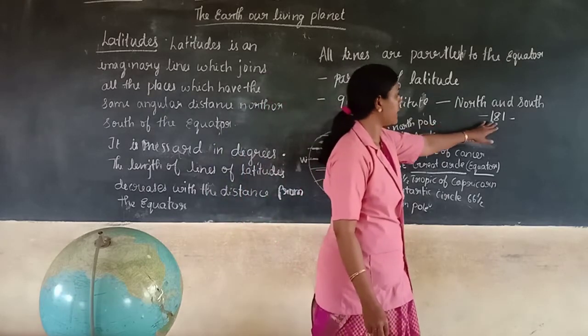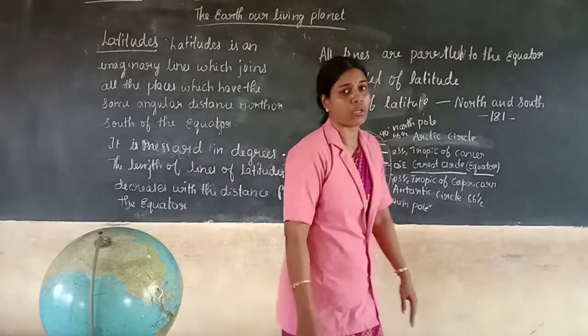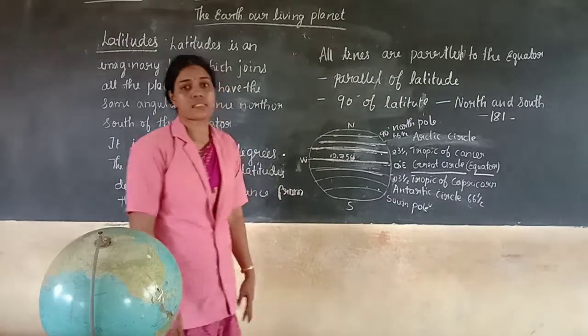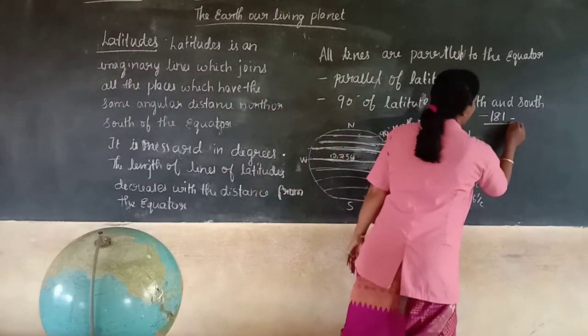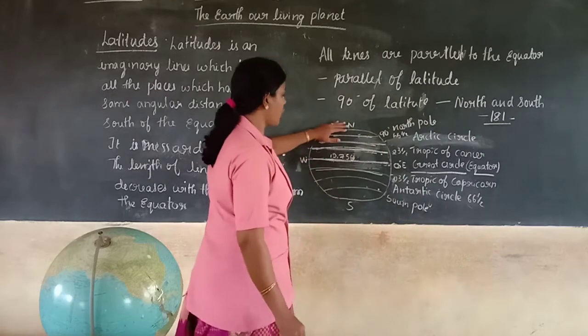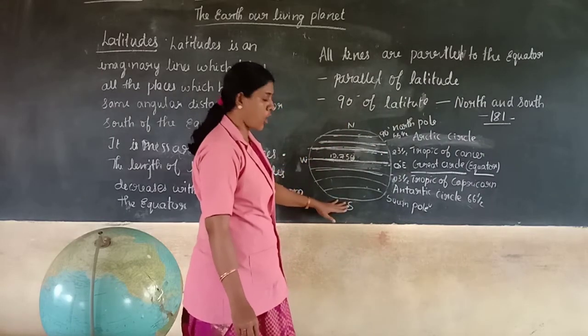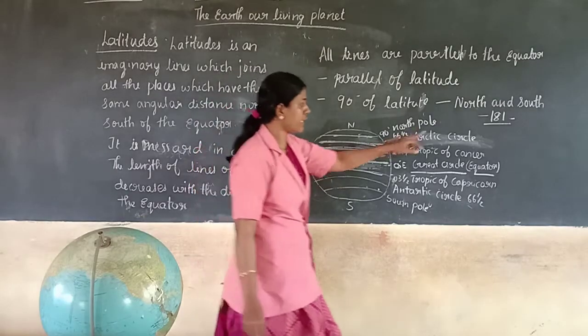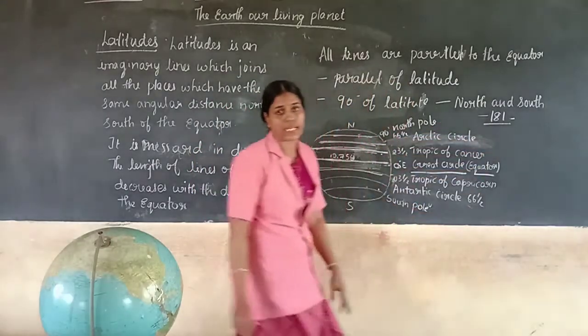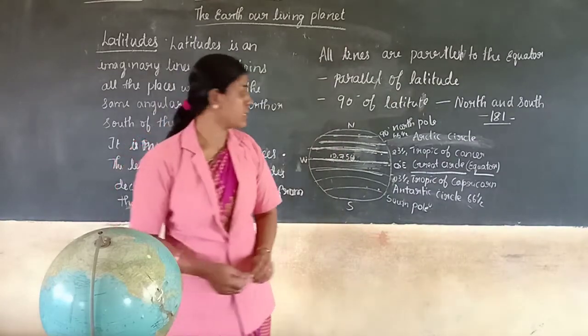So 181 lines are drawn. How is it 181? In the north 90, in the south 90, plus 1 equator. So totally 181 latitude lines are drawn.